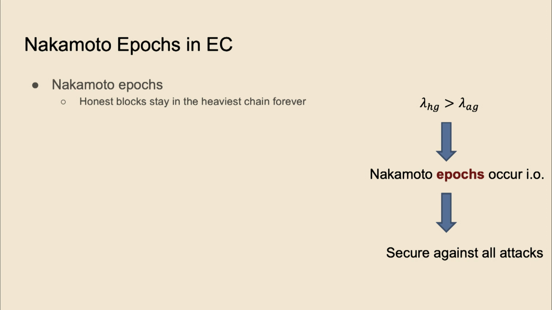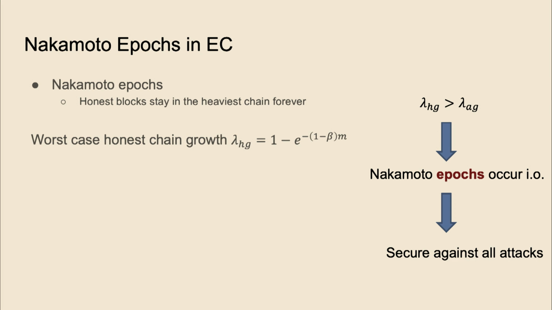After that, we can follow exactly the same proof argument: if the fictitious honest chain grows faster than any of those adversarial block trees, then we can conclude that Nakamoto epochs will occur infinitely often, and expected consensus will be secure against all possible attacks. So now the problem is reduced to deriving the growth rate of the fictitious honest chain and of the adversarial block tree.